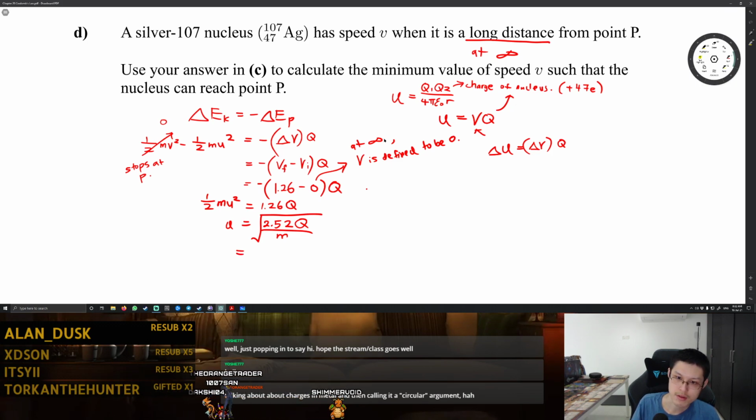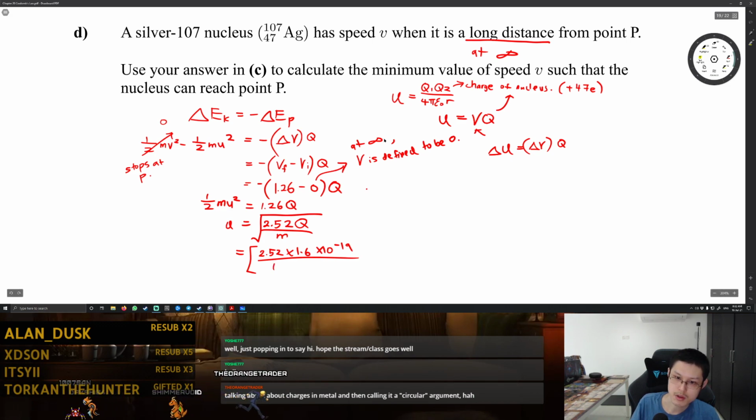Because, well, it actually doesn't really matter. Let's put in our values now. So 1.6 times 10 to the power negative 19 over the mass of my nucleus, which is 107 times the unified atomic mass, 1.66 times 10 to the power negative 27, and the whole thing is square rooted.